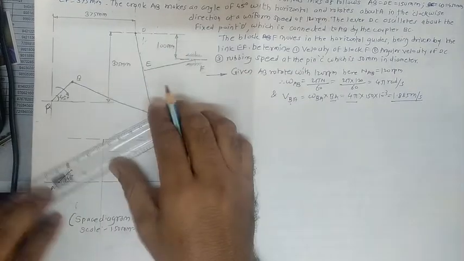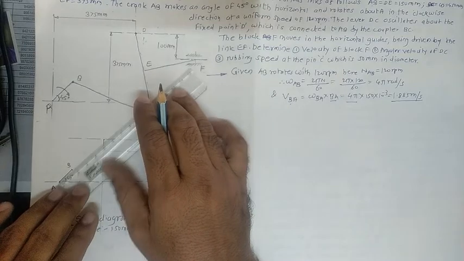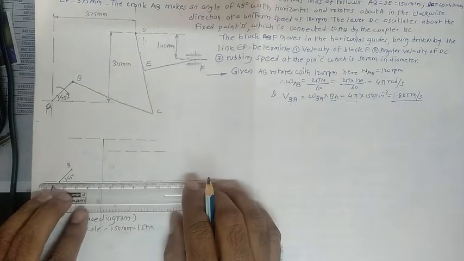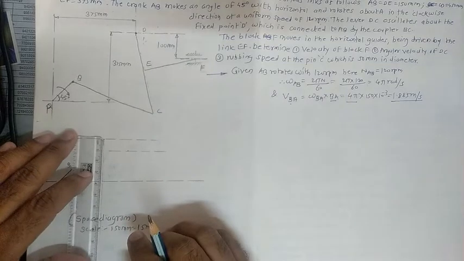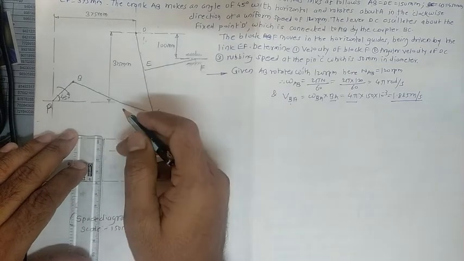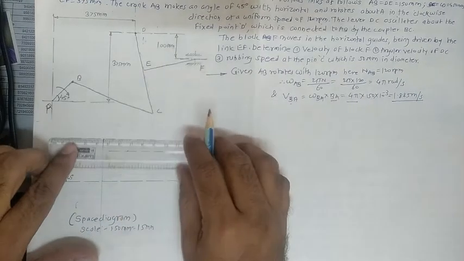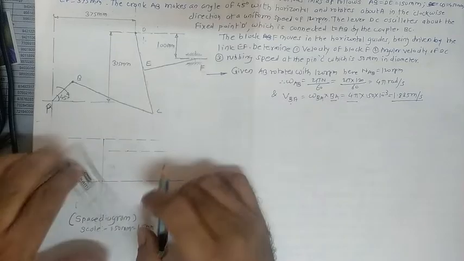Once we get this, next mark the various points. Whatever the distance is between this line and this one, given as 375, mark one point at a distance of 375. Draw one line parallel to this line.